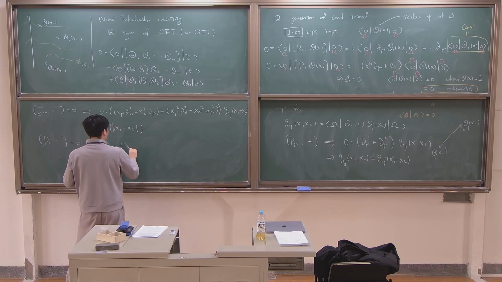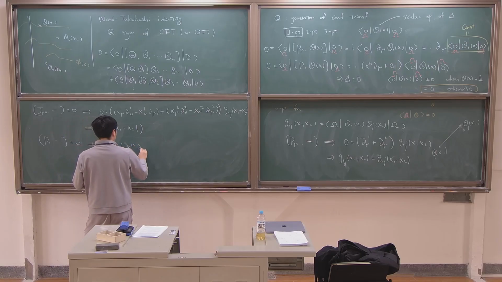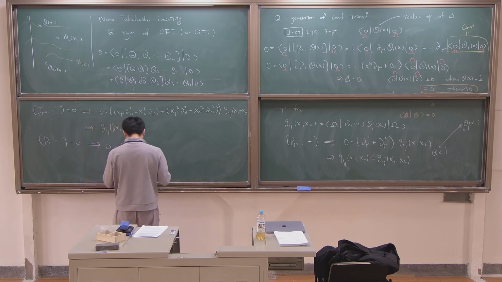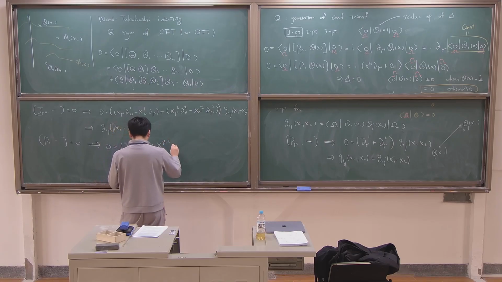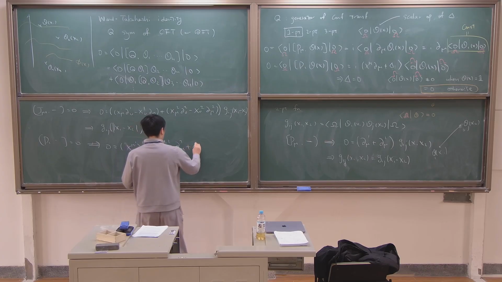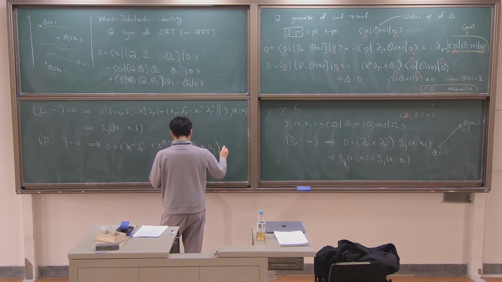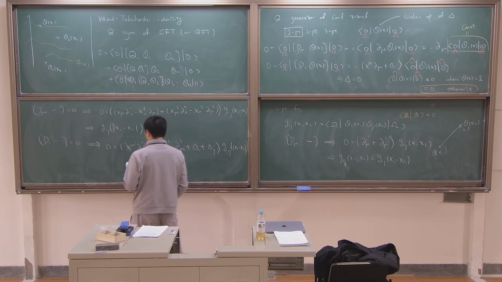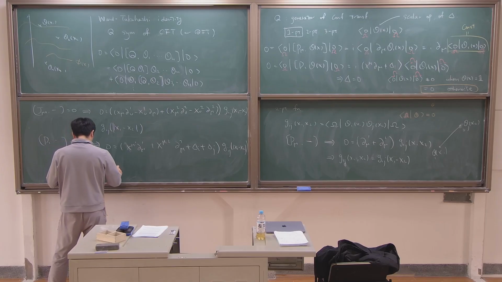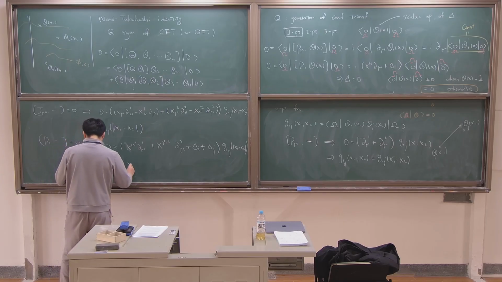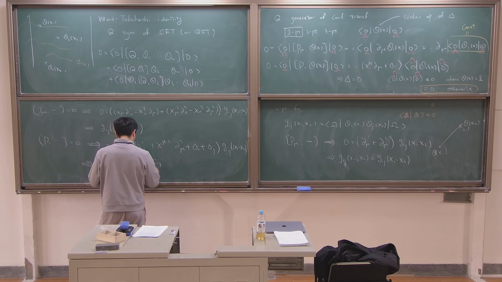Okay. And now we consider D acting on this one equal to 0. I mean, it's just an exercise for conformal transformation. So this means that G_ij(x1, x2) is equal to some constant times |x1 minus x2| to the power of minus (delta_i plus delta_j).